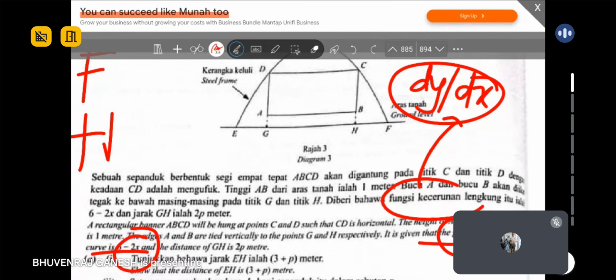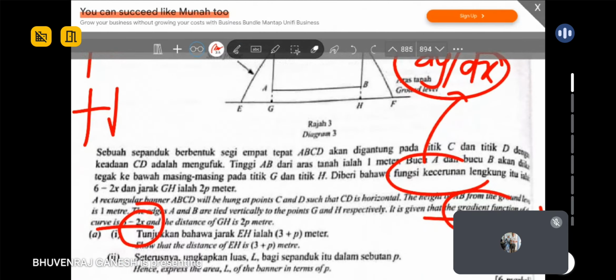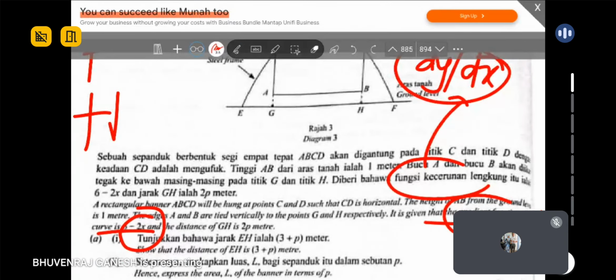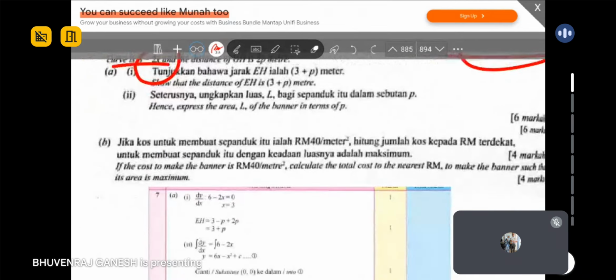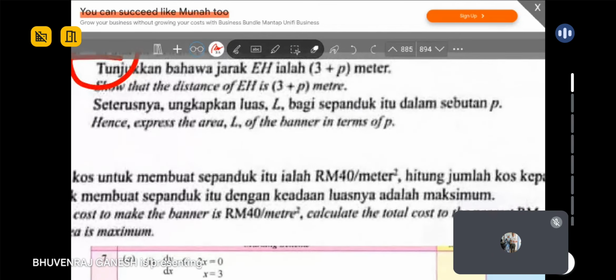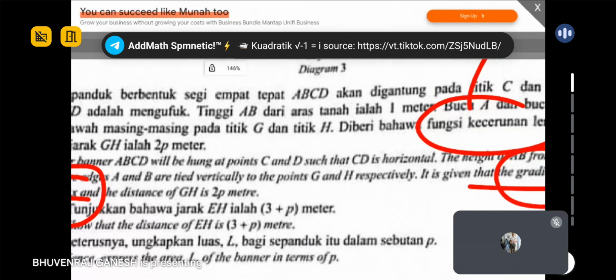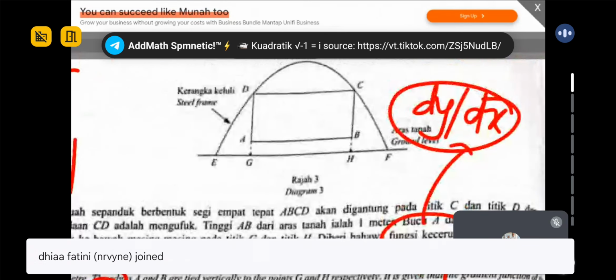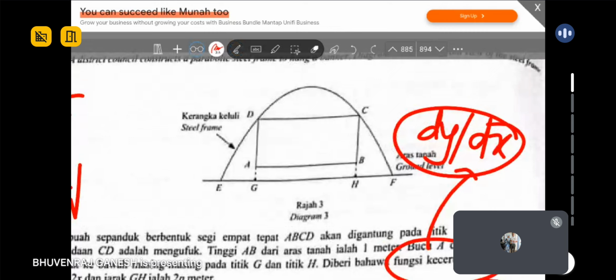So this is an important information. You can already find one value. Kamu boleh cari nilai x dah. You just let dy dx equal to 0. Bagi dia sama dengan kosong. So why I do that? May I know which point, titik mana dy over dx akan sama dengan kosong?